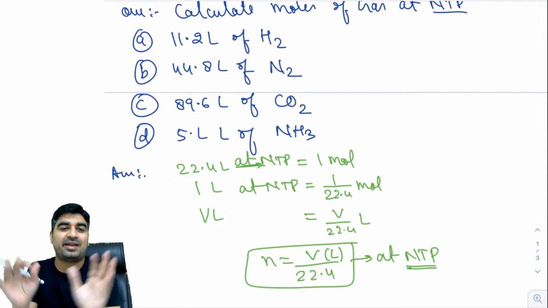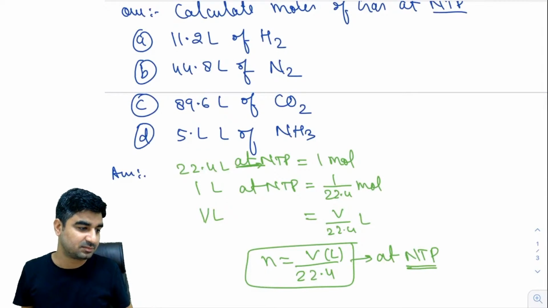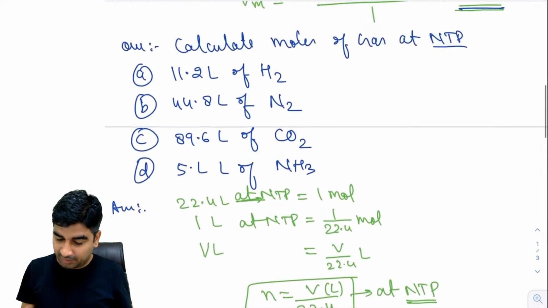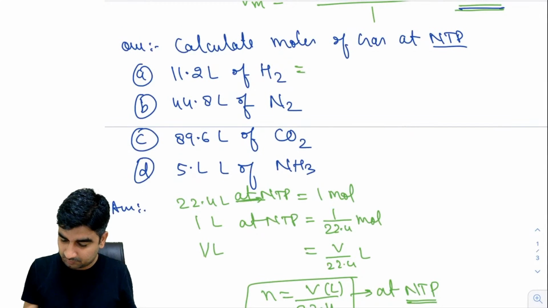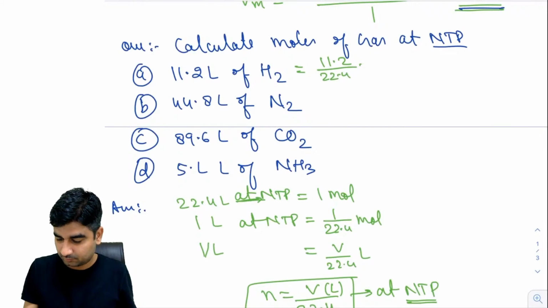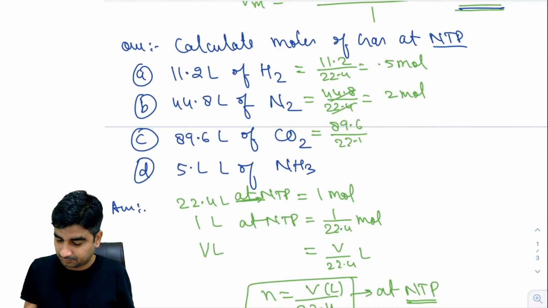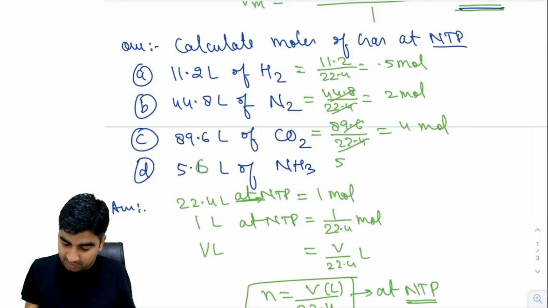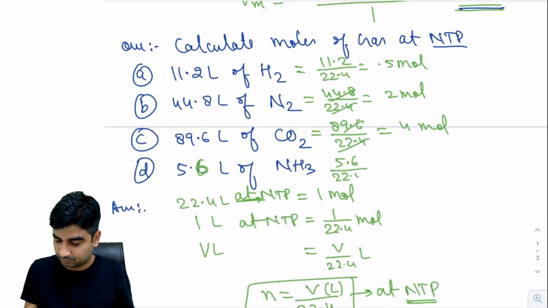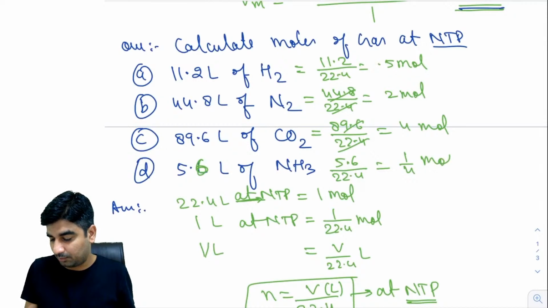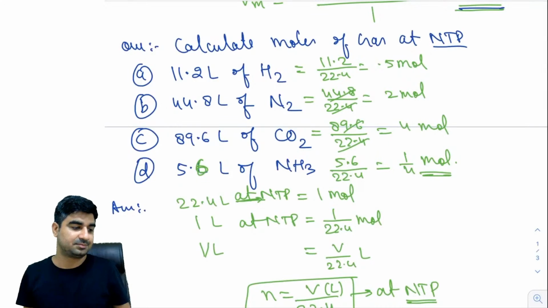It is not like you are applying it anywhere. So at NTP you are going to get 0.5 mole here, 2 mole here, 4 mole here. It is 5.6, 1 by 4 mole. I hope you got it.